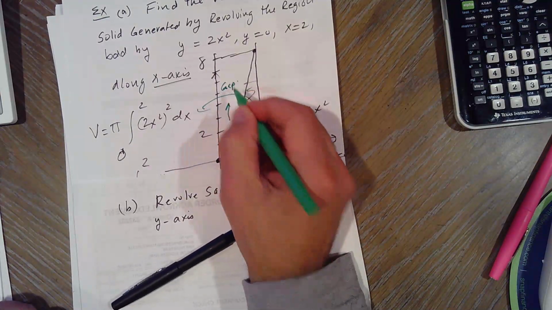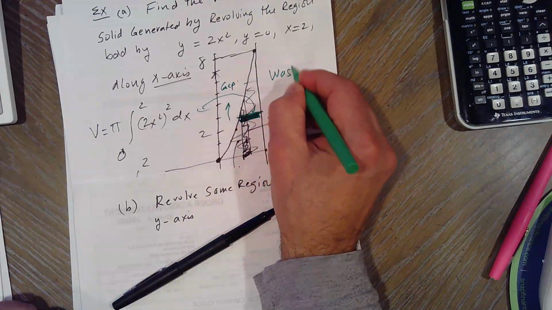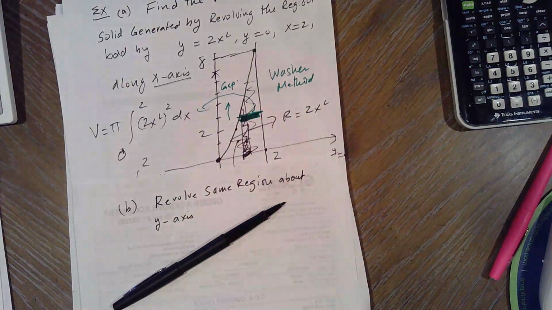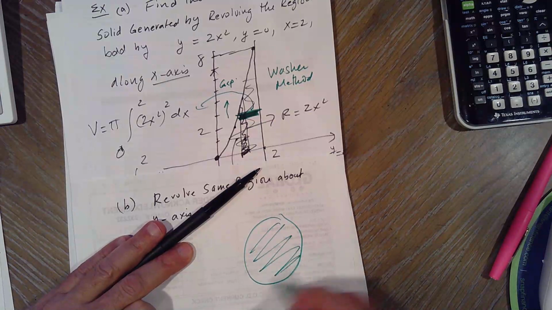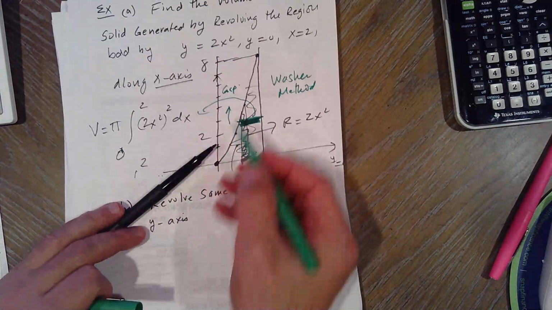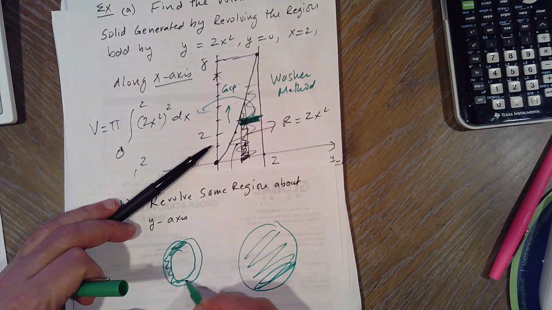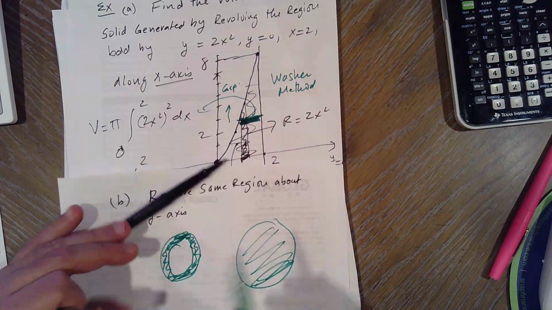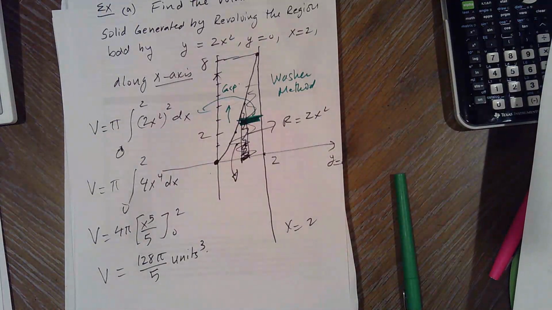So this is not the disk method, this is the washer method. It's the next one. We'll come to this. Remember, in a disk there's no gap. If there's a gap in the revolution, you get what we call a washer, like the washer you buy from Home Depot or Lowe's. So we'll talk about this later, it's not for now.